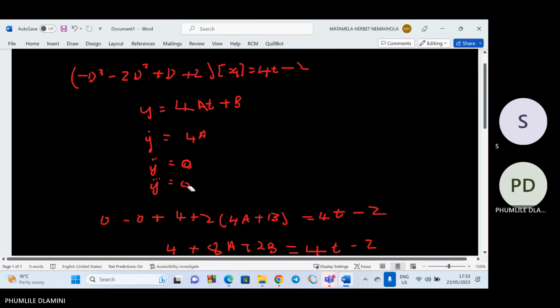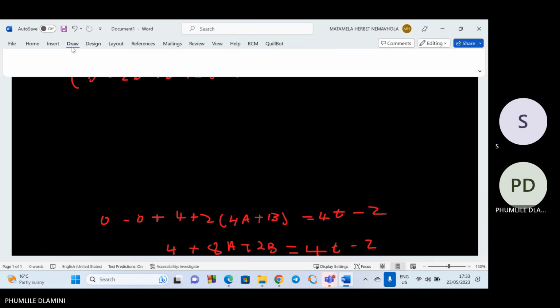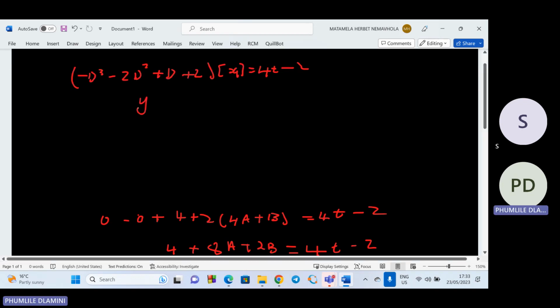Let me rewrite this properly. Our y is going to be equal to at plus b.